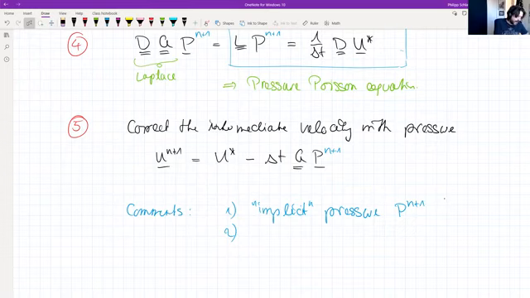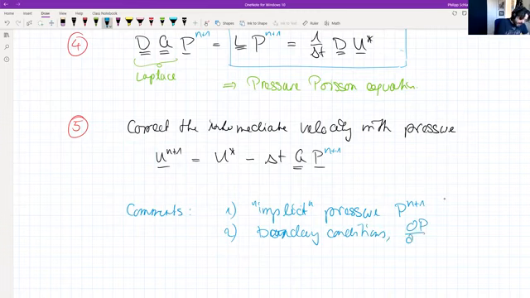For the time being, it's easiest if you just believe me that for velocity Dirichlet conditions, the correct pressure boundary condition would be dp/dn being zero. So for boundary conditions, we set dp/dn being zero.